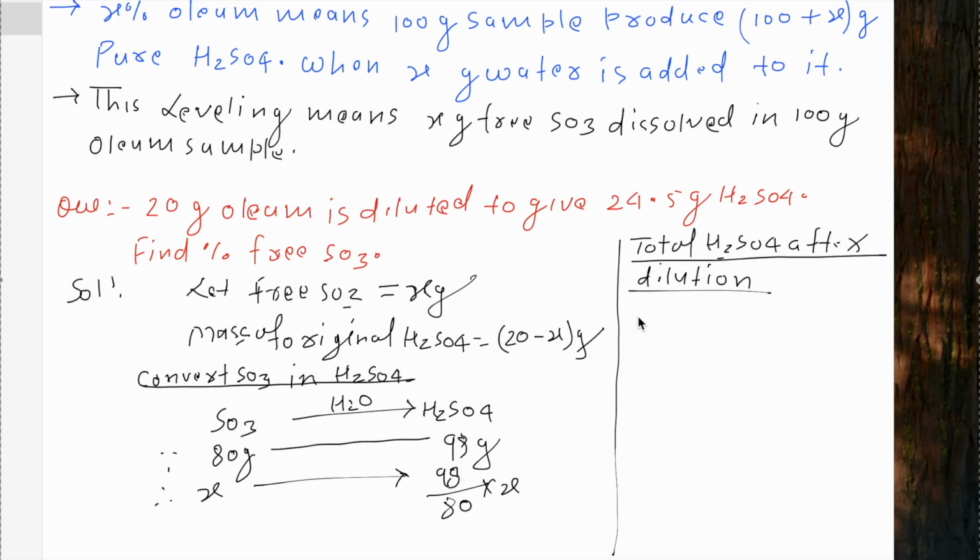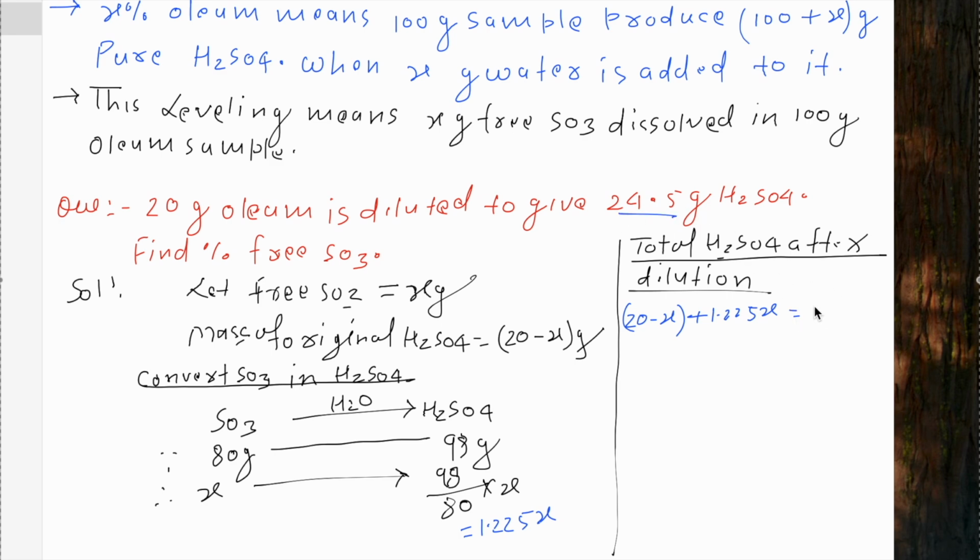So now total H2SO4 is this one, 20 minus x, what we have prepared here, plus this value. On solving we are getting 1.225x, that much. So you can say, sir, it was initially this much and now we are getting this much. And total was given here, it is 24.5.